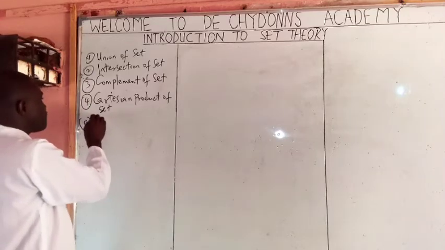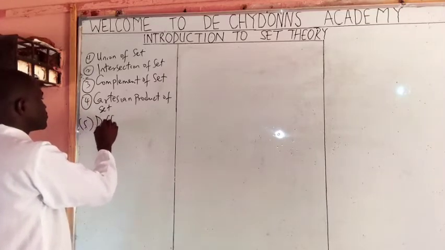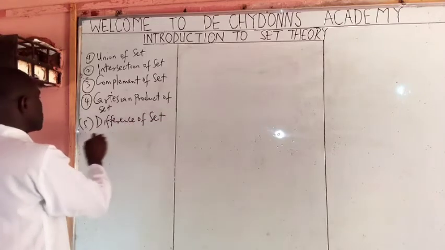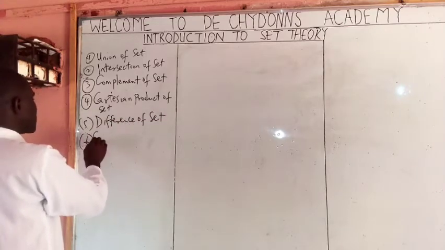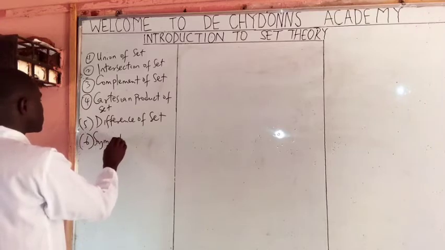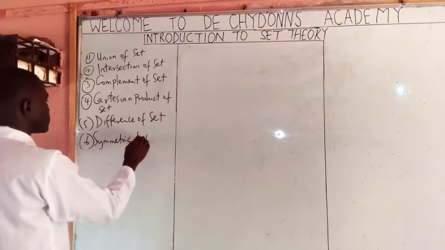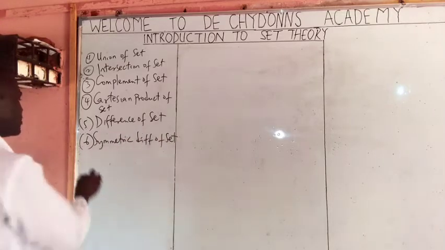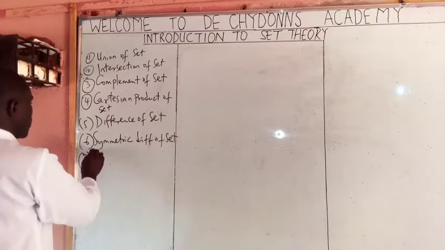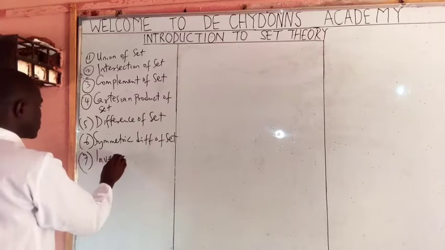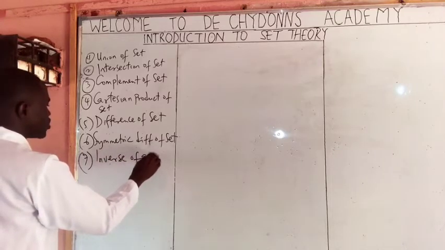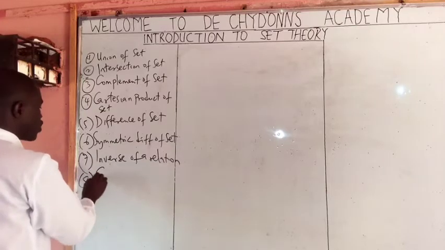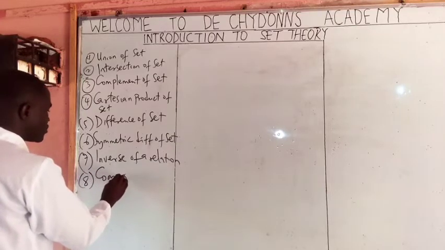We also do difference of set. 6. We also do symmetric difference of set. 7. We also do inverse of a relation. And 8. We also do composition of relation.